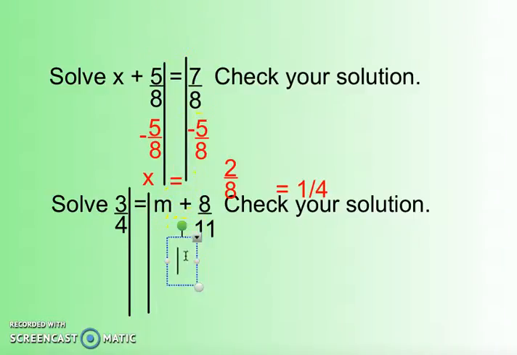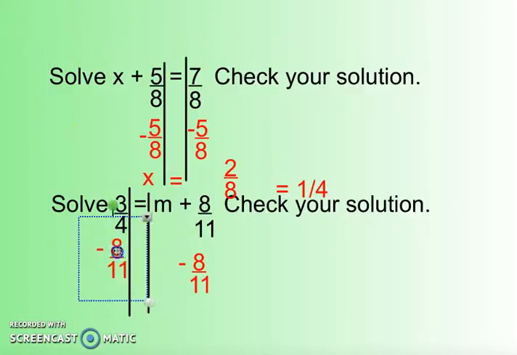So I'm taking minus 8/11. And if I subtract 8/11 on this side, what do I have to do on the other side? Exactly. I need to actually put minus 8/11 on the other side.